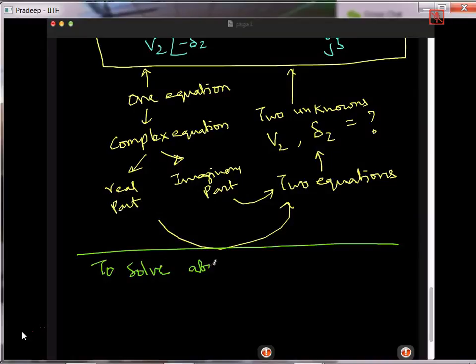To solve the above equation, okay, I got a reply from JNTU KUCV that the answer is sent to mail. I'll check the mail later, but we need a mathematical trick.